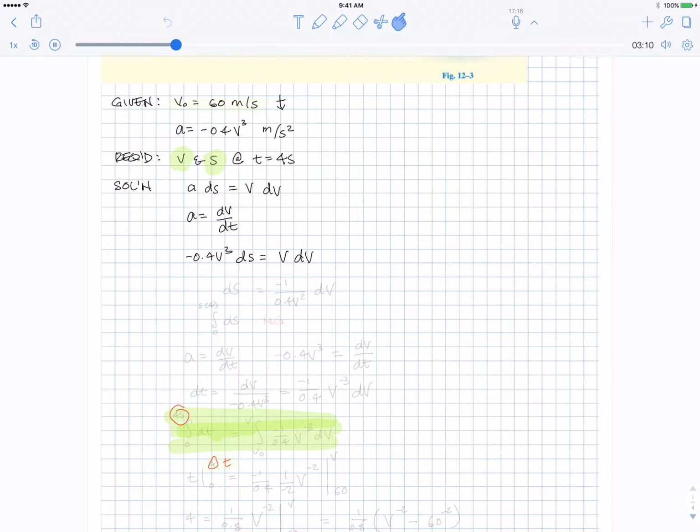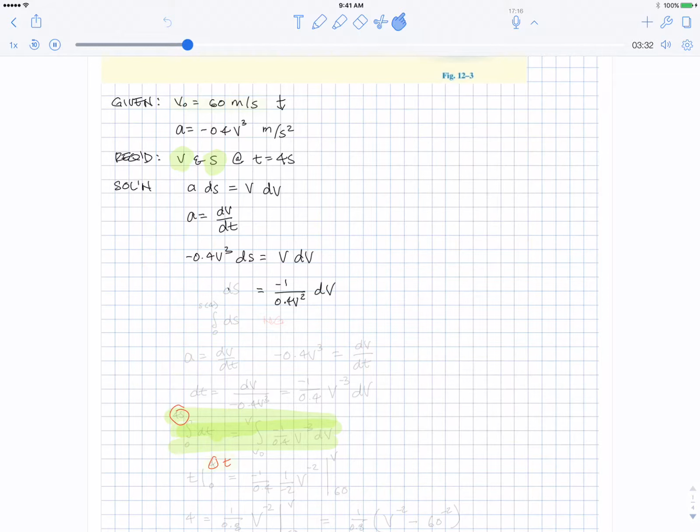I can see this is not going to work, but let's continue this and see what happens. V divided by minus 0.4 v squared is minus 1 over 0.4 v squared. So v divided by minus 0.4 v cubed is minus 1 over 0.4 v squared dv.